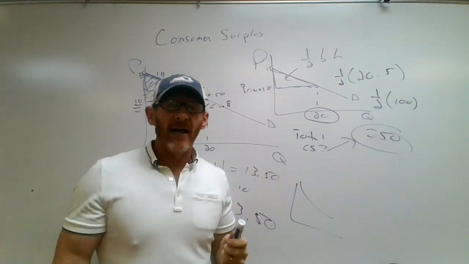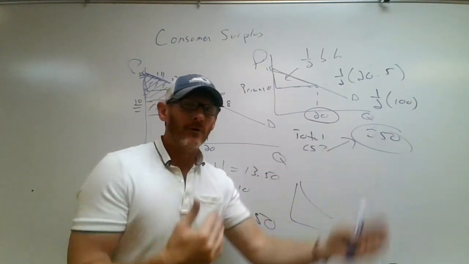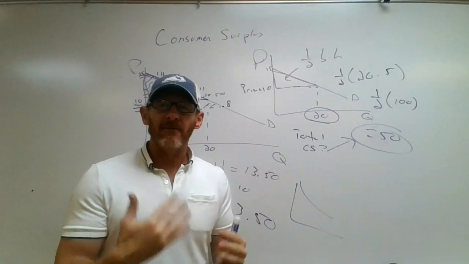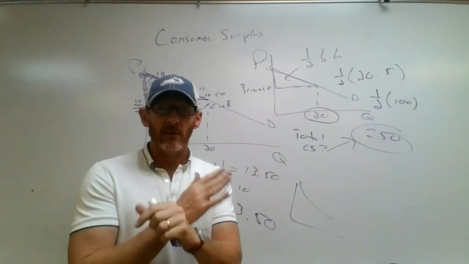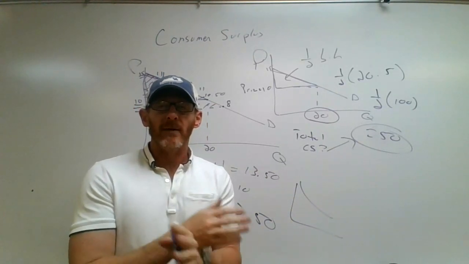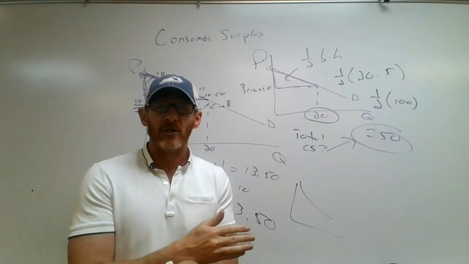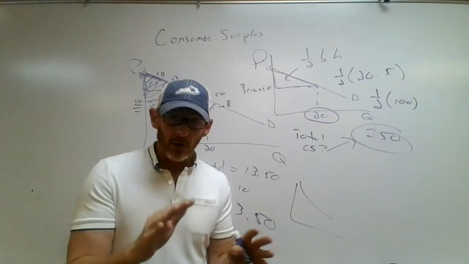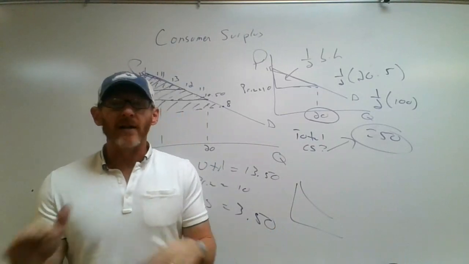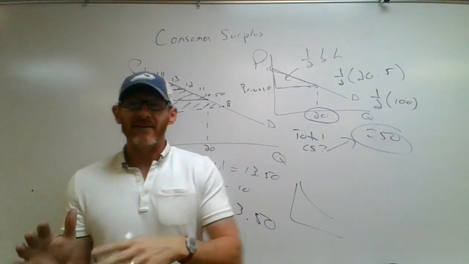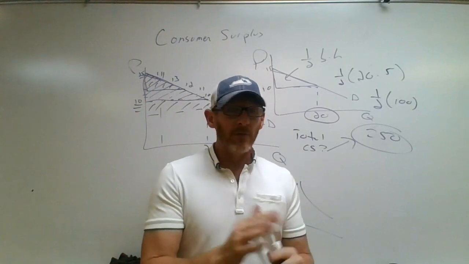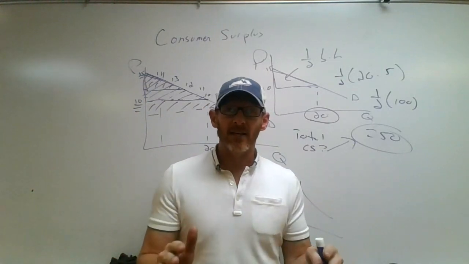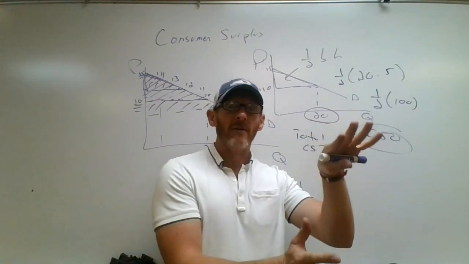And what we're going to find out once we start putting producer surplus on top of this is that markets are at their most efficient when consumer and producer surplus are maximized. We call that increasing total welfare, okay? And most of the markets out there are not efficient, and we call them having market failure. Some of those markets fail for a bunch of reasons, and the government comes in to actually make them more efficient.